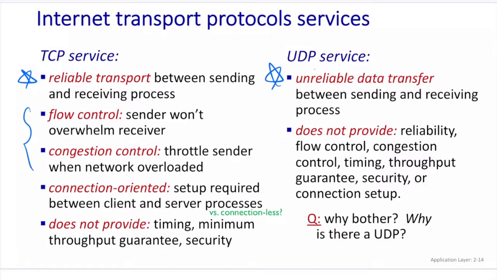Again, for congestion control, maybe the intermediate routers are very busy and their queues might be full. So the sender should not send packets too quickly, because if the sender sends packets too quickly, the buffer or queue might fill up, and it may cause packet loss.